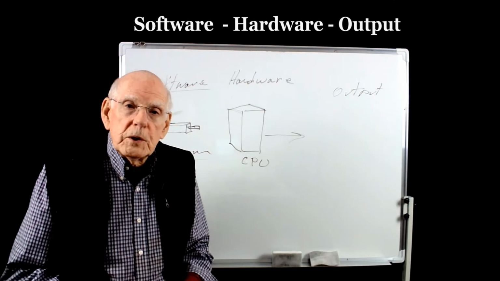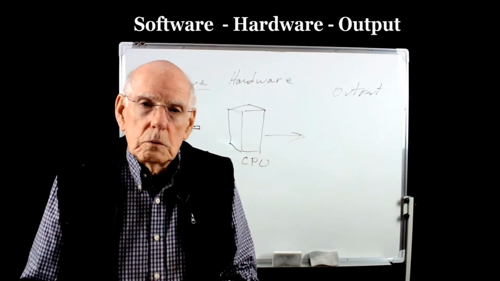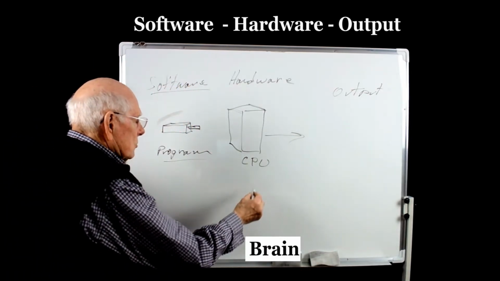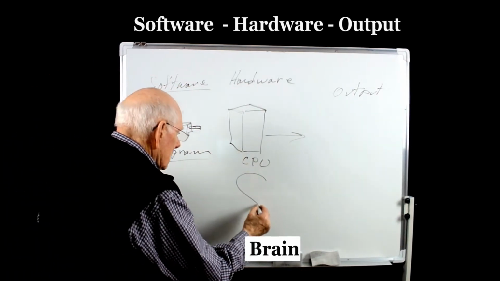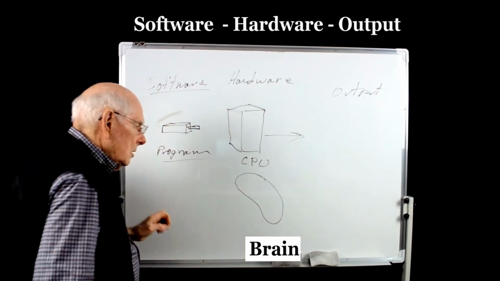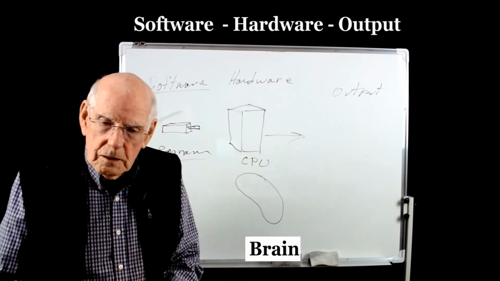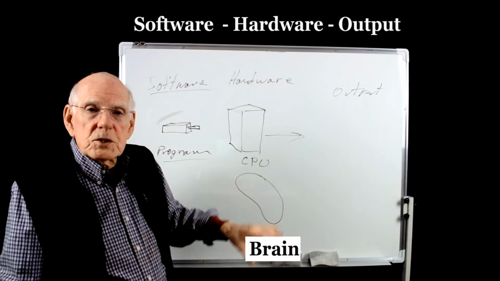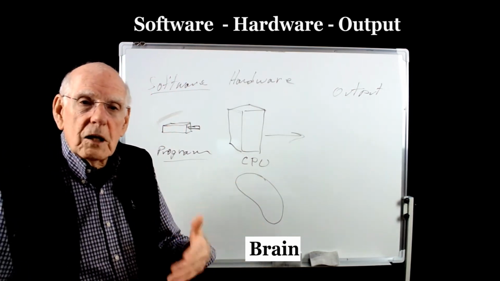What's your CPU in you? Well, most people will say it is your brain. So we have, the brain kind of looks like that. Now, a lot of people don't think that the brain is just a processor of information. They think it's got a lot of other stuff that it does.